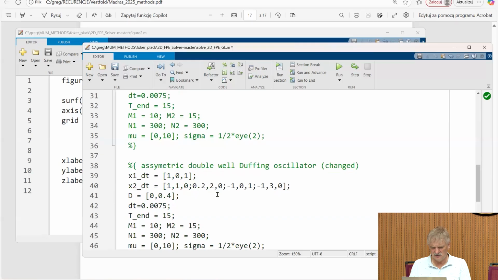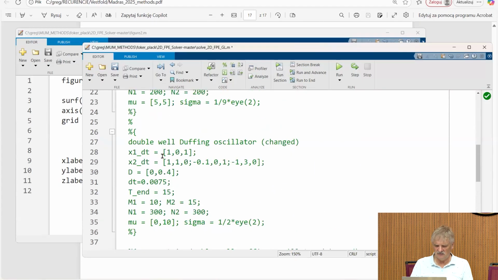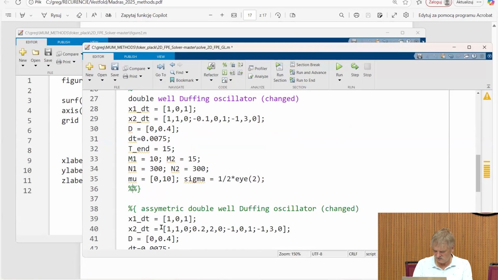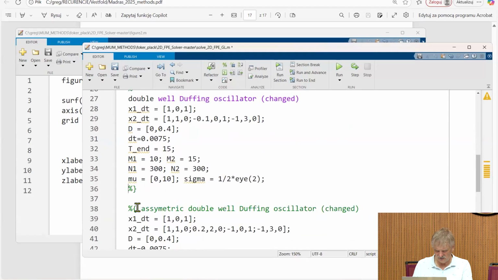So we can also have some others which could be important for the double well. Yeah, so the double well is here. Yeah, sorry. So the double well, I'm not sure, is asymmetric, but this is called asymmetric. So I mean the symmetric double well. We start from the symmetric double well. So I can just start with this simulation. So this is fine. Yeah, so this is a comment, and I can start here with symmetric. Asymmetric double well.